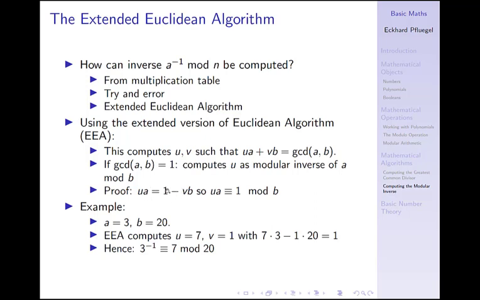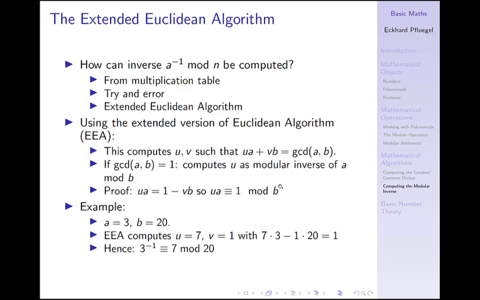So if you look at this equation carefully and take it modulo B, then you realize that VB will be 0 mod B. So all that's left is UA congruent 1 mod B. But that's exactly the definition of the modular inverse.